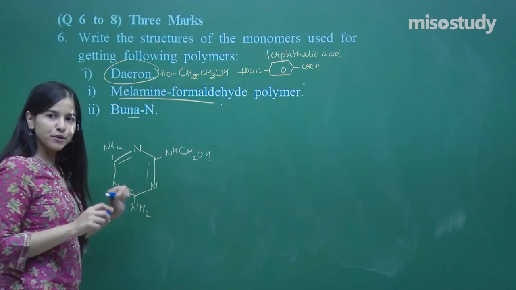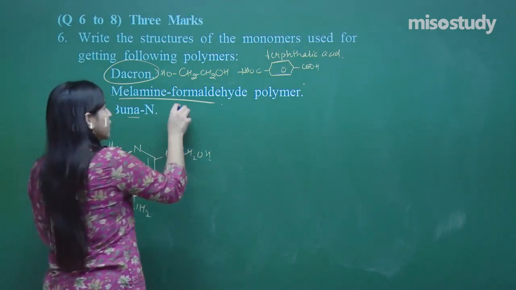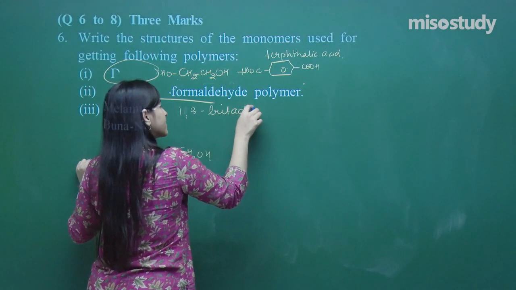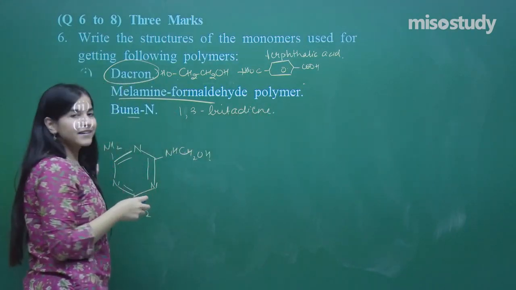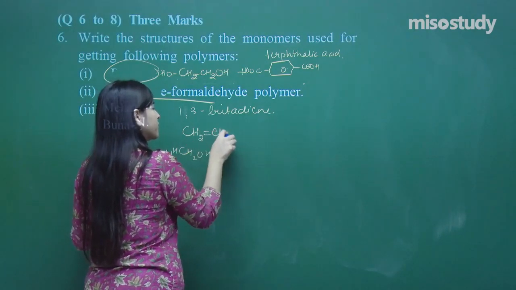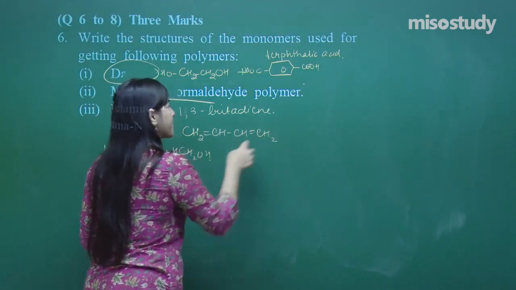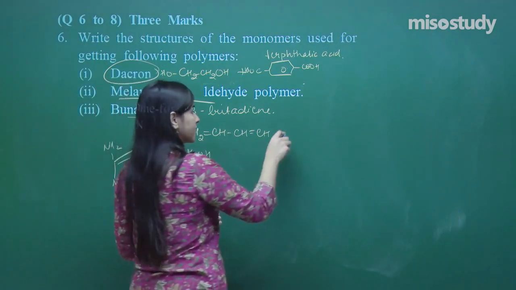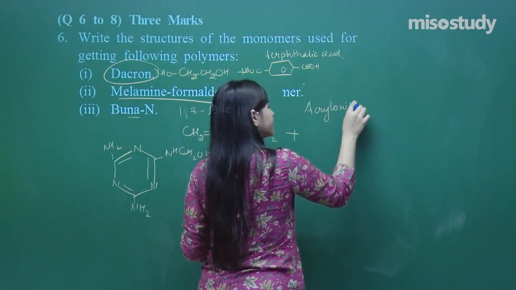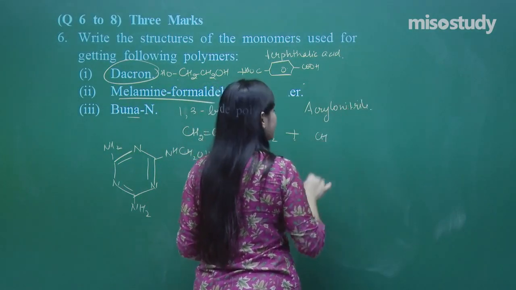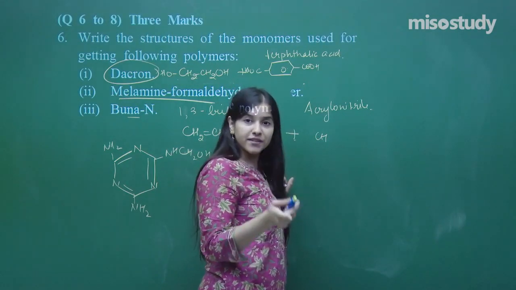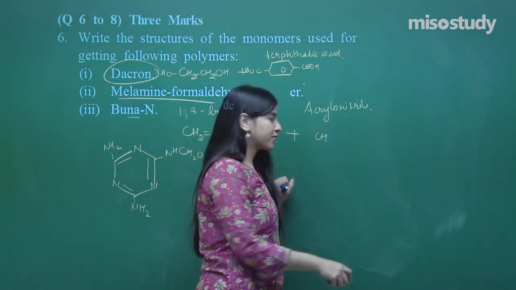Buna N. In Buna N, we get 1,3 butadiene, yes, and N stands for acrylonitrile, right? So it is like this, 1,3 butadiene, along with acrylonitrile. So it's just like polyvinyl chloride, just the vinyl chloride, chloride replaced with CN, now the name changes to acrylonitrile.